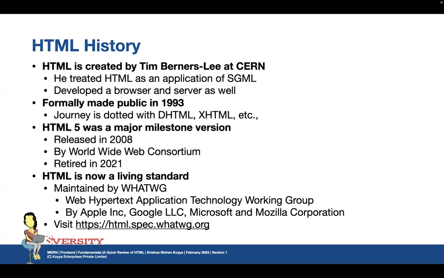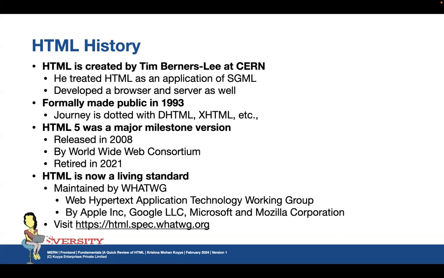Now, if you ask me what is the current version of HTML, we do not have a numbering system now because it is now made a living standard. It is continuously evolving. It is maintained by the WHATWG group.